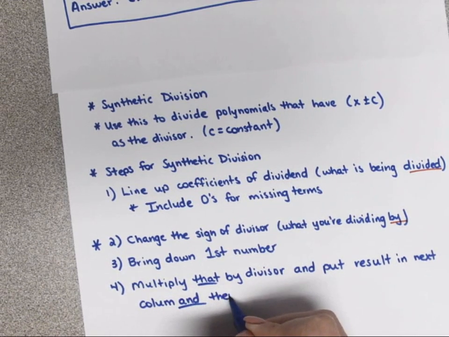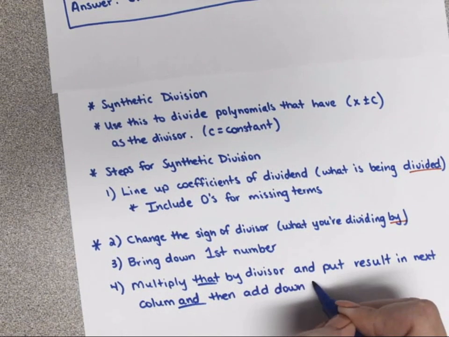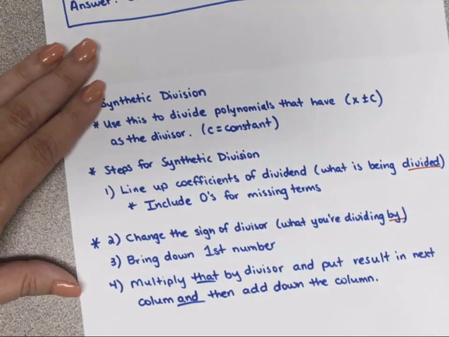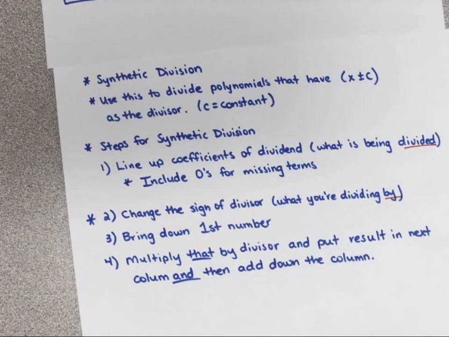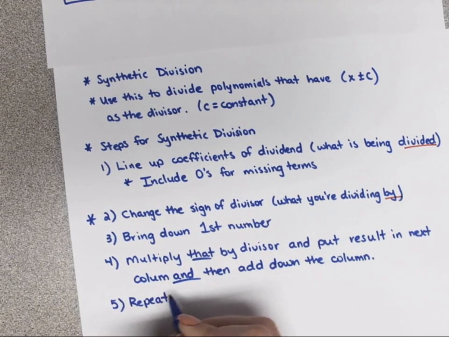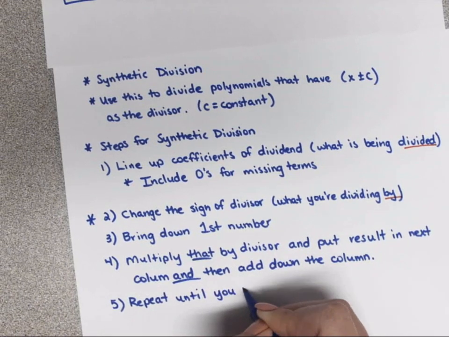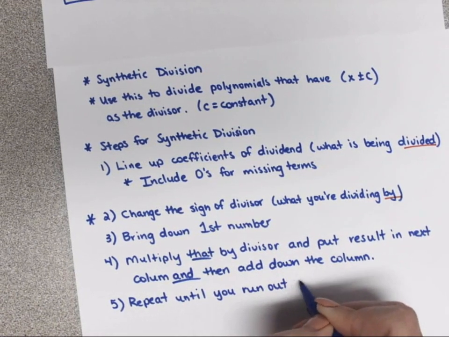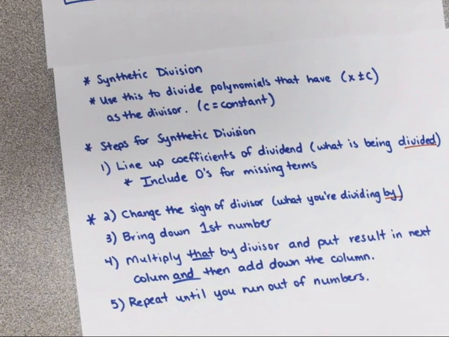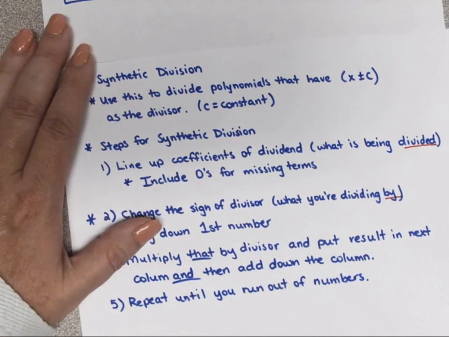And then you add down the column. And step number 5 is you just repeat this two-step process, multiply and add, until you run out of numbers. Notice that in this process, we're not multiplying then subtracting, we're multiplying then adding.